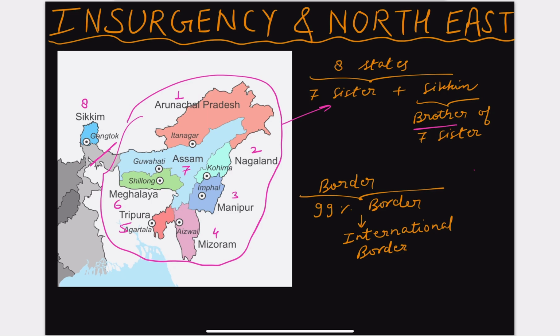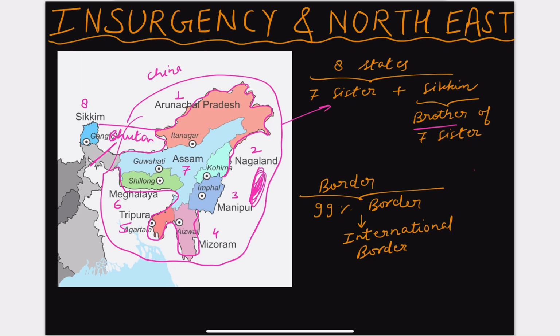Now let's discuss the border region. Here you can see in the map that this is the border region. Here in the north it's China. Here it's Bhutan, and here it's Myanmar, and here, this is what? This is Bangladesh.